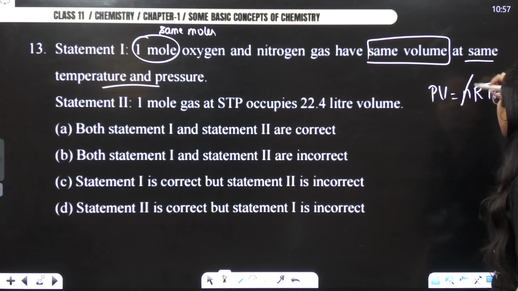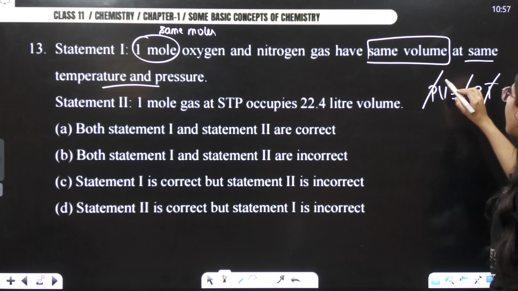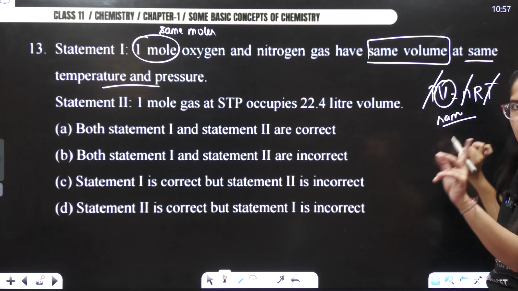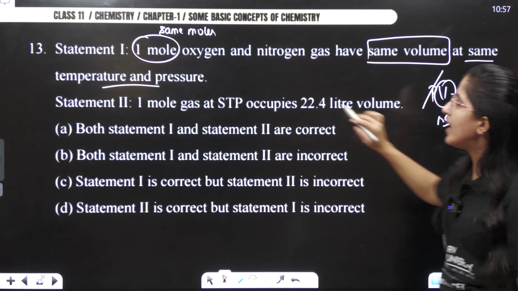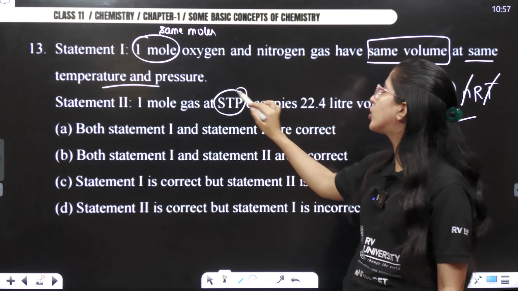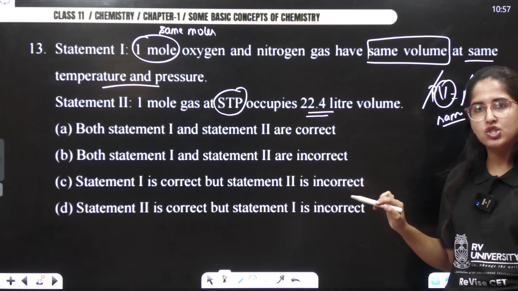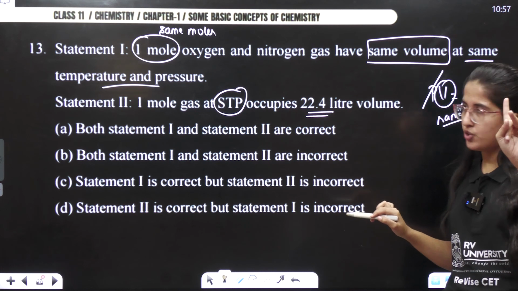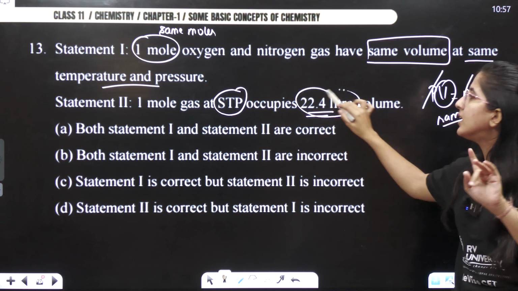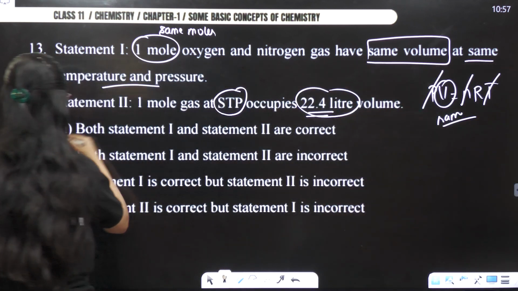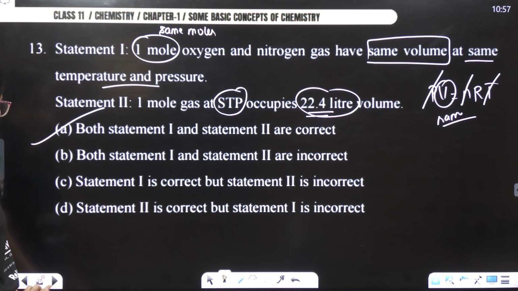If n is same, R is same, P is same, volume will also be same. Avogadro's hypothesis. So statement 1 is true. 1 mole of gas at STP occupies 22.4 liter of volume. It is true. 1 mole of any gas, it will occupy 22.4 liters at STP. So both statement 1 and statement 2 are correct. So therefore option number A will be your correct option.